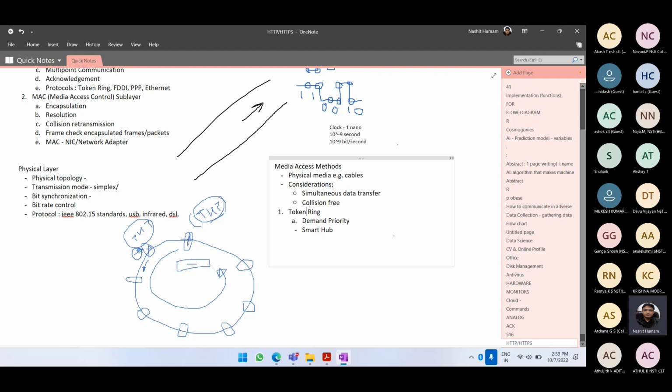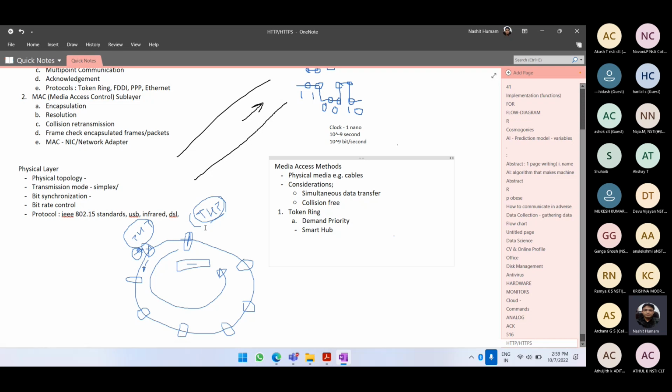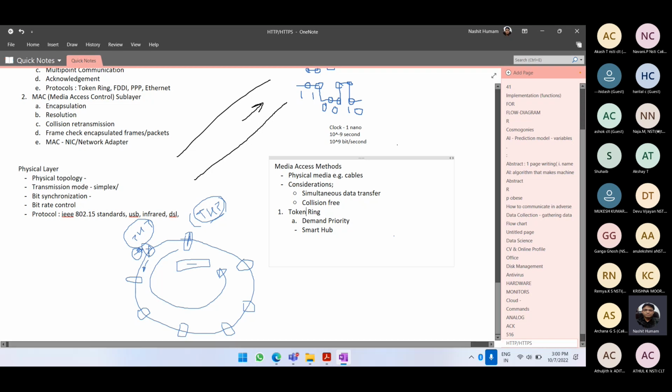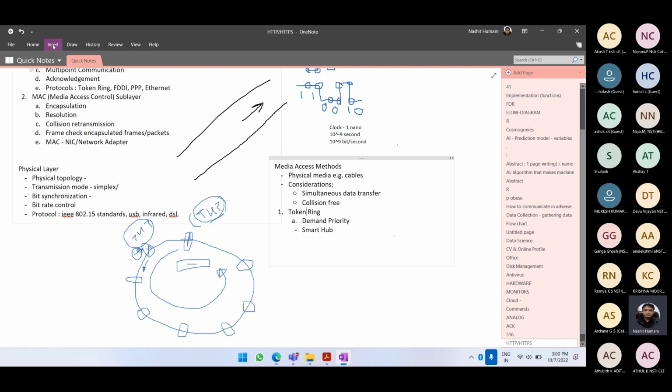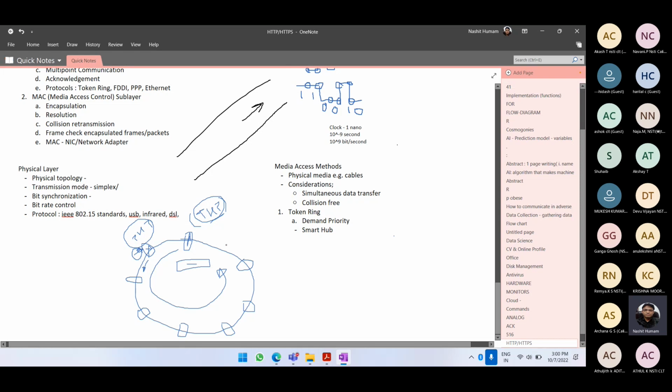So in case you leave this token before this THT, it means that the complete network is free. The cables are free. There is no one trying to send data. Now suppose this device needs to transmit some data. What it will do is catch hold of the token.